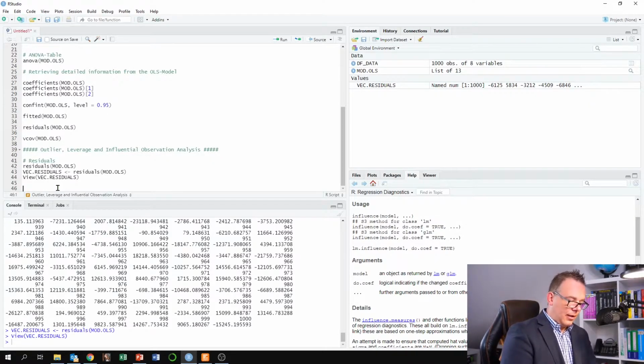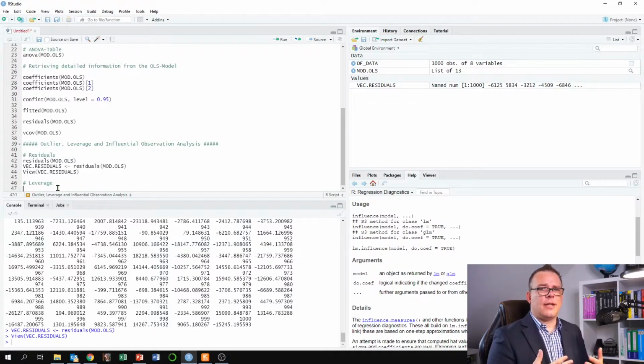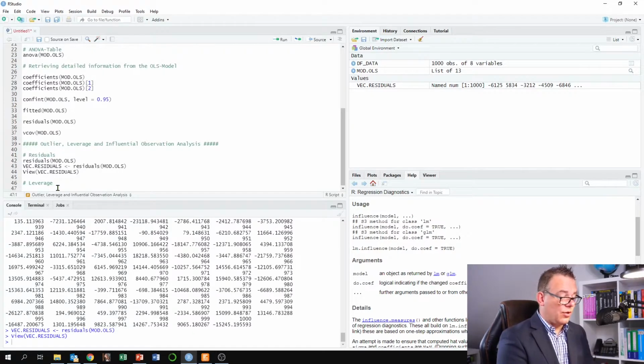The second thing, of course, is leverage. And as I said, it is quite complicated to find an indicator for leverage. We have to go deeply into matrix algebra, which I don't want to cover here. Nevertheless, we can find an indicator for the leverage with the hatvalues command. The hatvalues command gives the diagonal of the hat matrix.